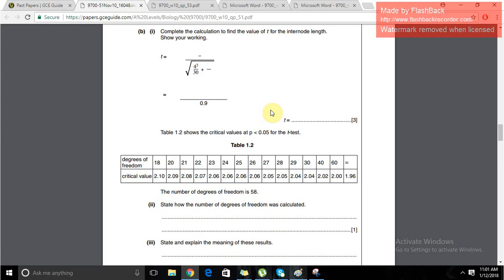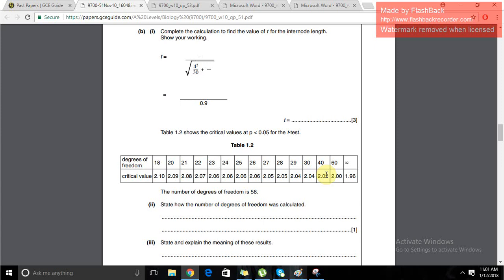And something to remember is that when we talk about critical values, when the probability is decreasing, the value of the t-value is also increasing. Okay? And that is basically what all of this is.